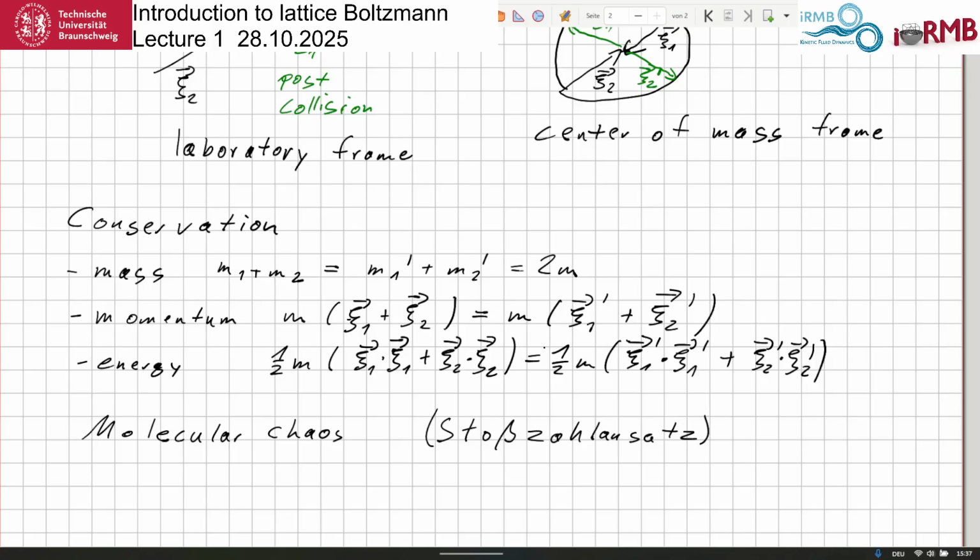So the molecular chaos part of this idea is that the velocities of colliding particles do not depend on each other.